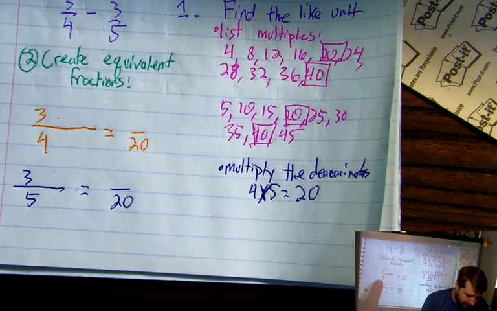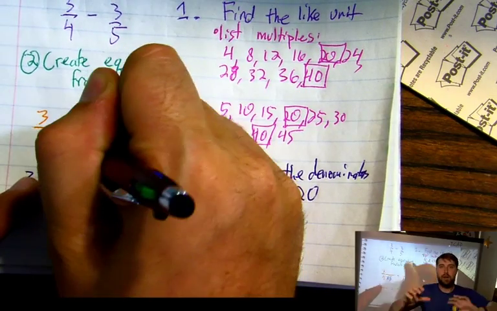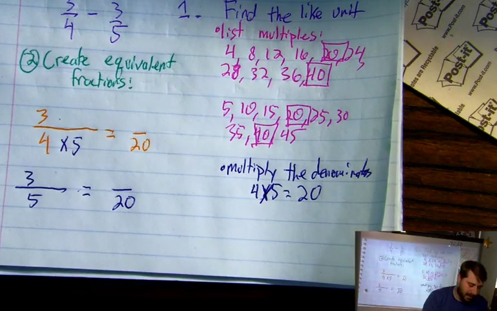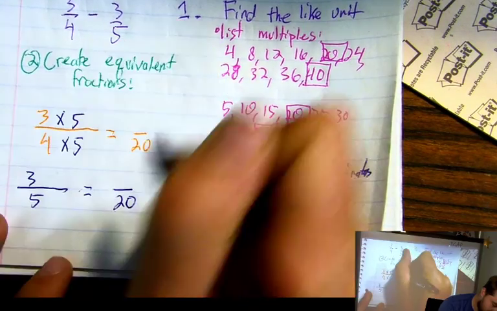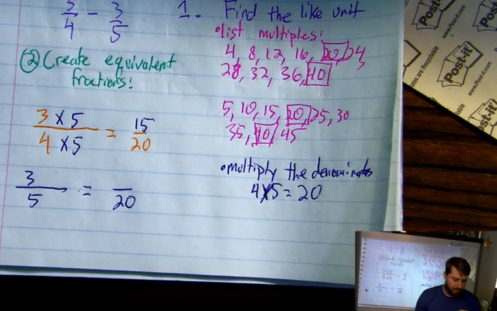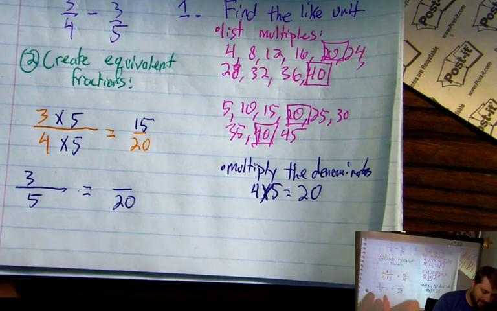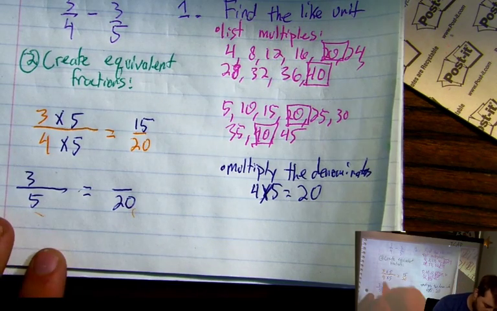So for our first fraction, we're going to say 4 times what is 20? 4 times 5 is 20. But we know if we do it to the bottom, we must do it to the top, so everything stays equal. So we have 3 times 5, and 3 times 5 is 15. Then we'll repeat this process with our 3/5, trying to get to something over 20. 5 times what is 20?